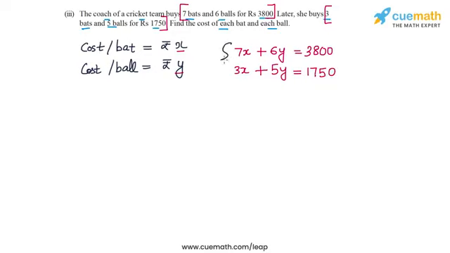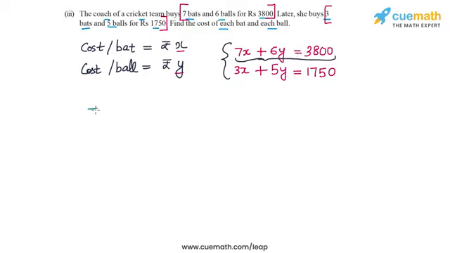So now we have obtained a pair of linear equations in x and y. What we have to do now is use substitution to solve for x and y. So if I take the first equation, I can write y in terms of x using the first equation.